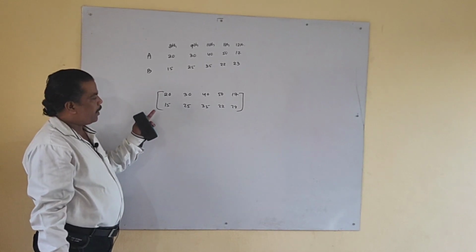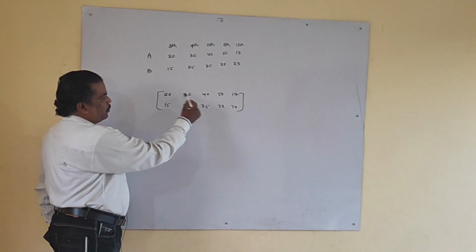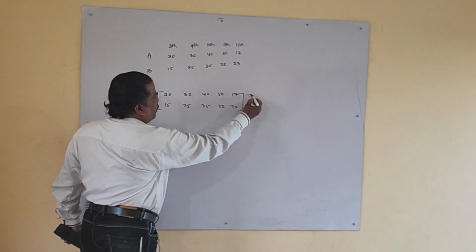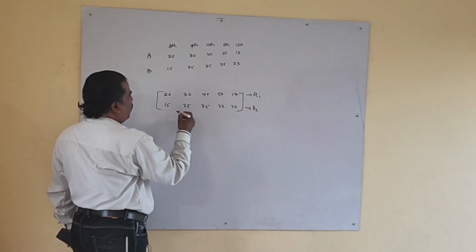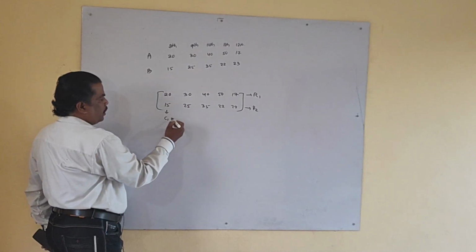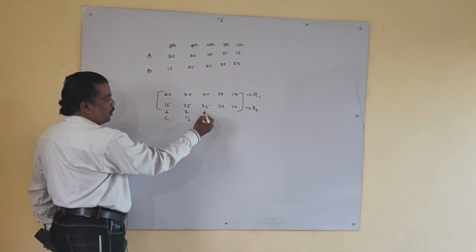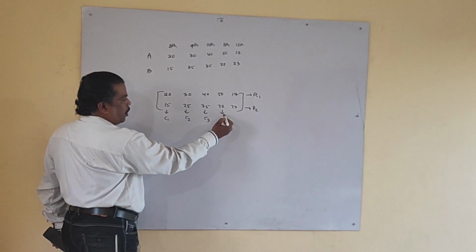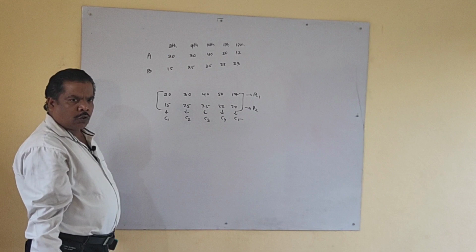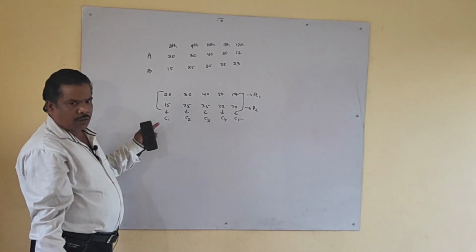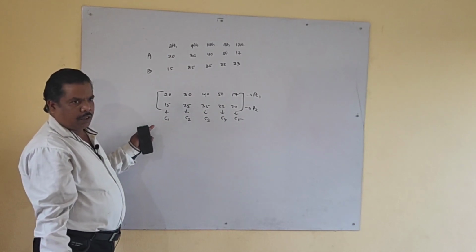Here we see that you have two rows, row 1, row 2, and columns, column 1, column 2, column 3, column 4, column 5. So the numbers are arranged within rows and columns.